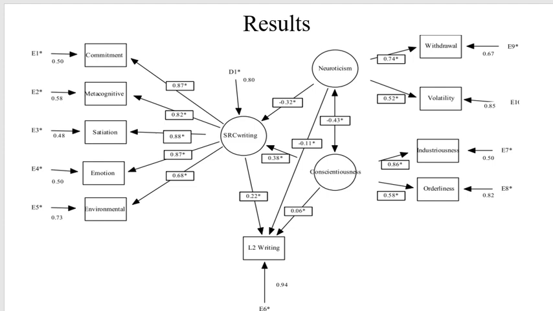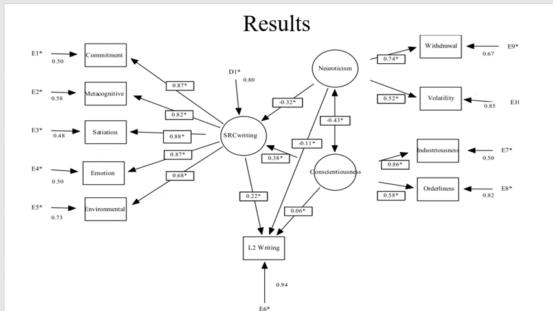In the CFA, all 5 measures highly loaded on self-regulation. Among them, commitment, satiation, and emotion show the most significantly unique contribution to SRC. 0.68 contributed the least.